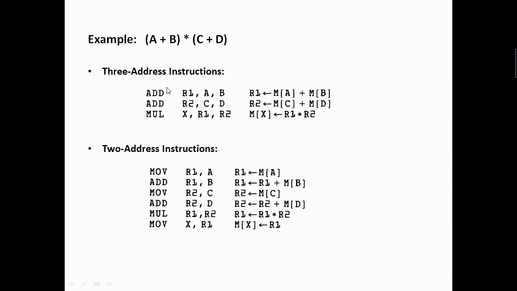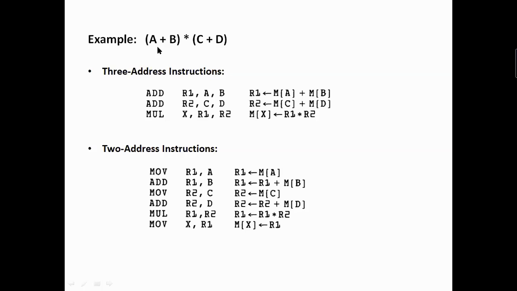So how will it happen? Say R represents the registers inside the CPU. So this is the R1 register. First of all, I have to add A and B. A is in memory and B is also in memory.